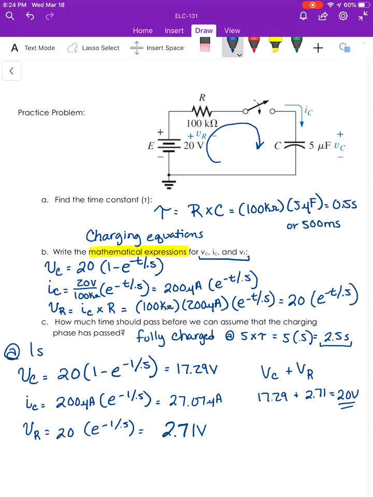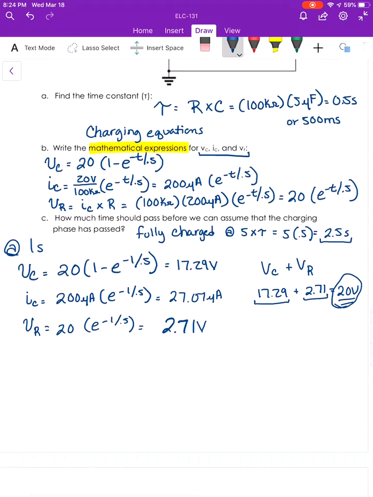So if we apply 20 volts and we have 2.71 volts dropped across R and 17.29 volts dropped across the capacitor, that actually adds up. As we go over time, this voltage across the resistor continues to drop while this voltage across the capacitor continues to go up. So we're going to see that the sum is still going to be 20 volts.